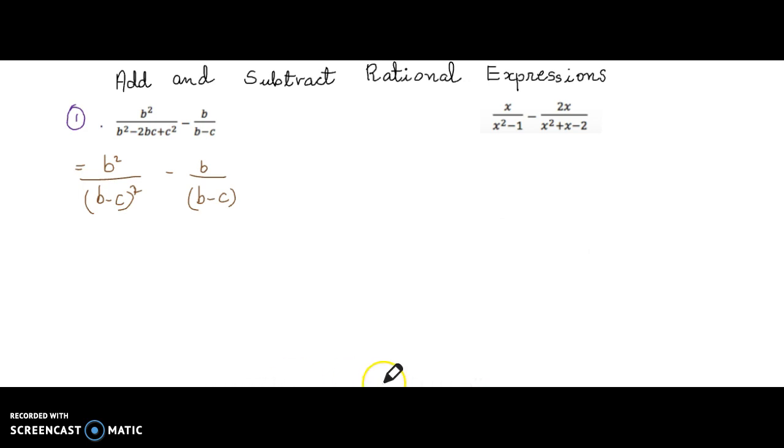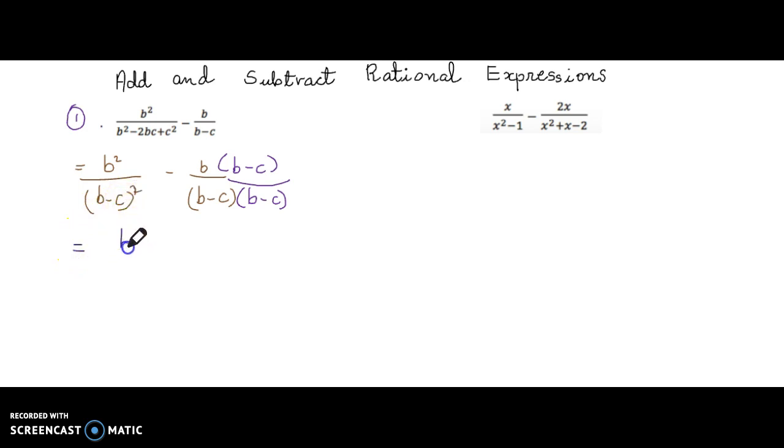The first denominator already has two b minus c's, it's b minus c the whole squared. So to make them the same, the second fraction also has to be multiplied by b minus c. Whatever you multiply in the denominator, you have to multiply in the numerator also, with the same number, term or factor.